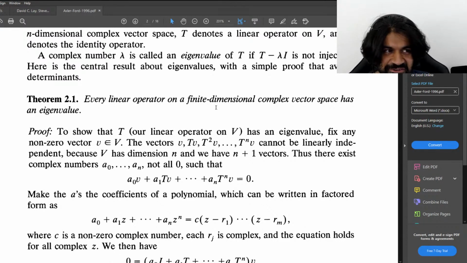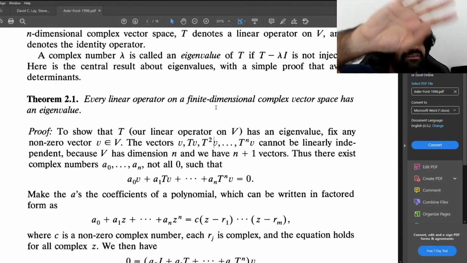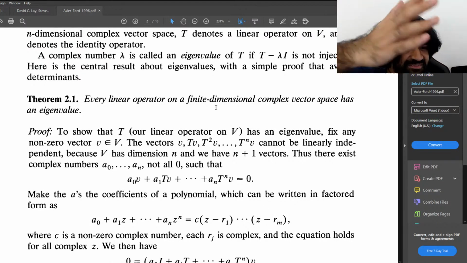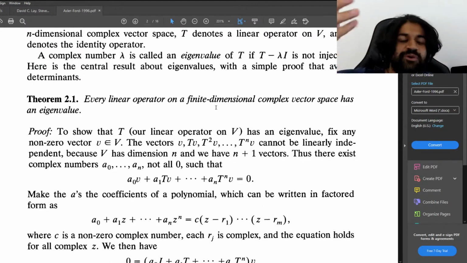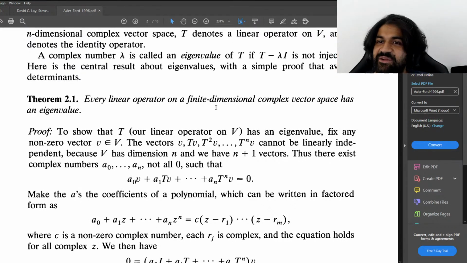Actually, like I said, I have an extremely pro-determinant bias, but I'll present both proofs. I'll present Axler's proof that doesn't require determinants, and I'll provide the standard proof, which does use determinants.